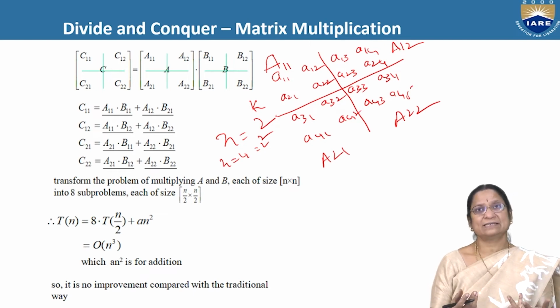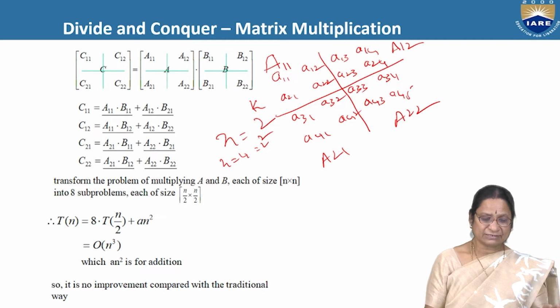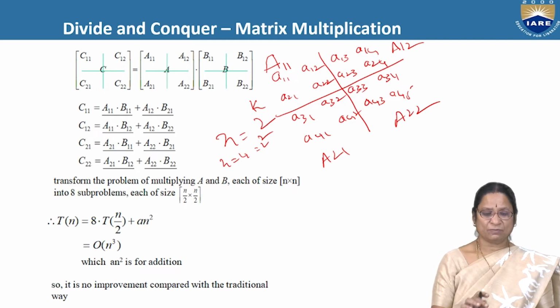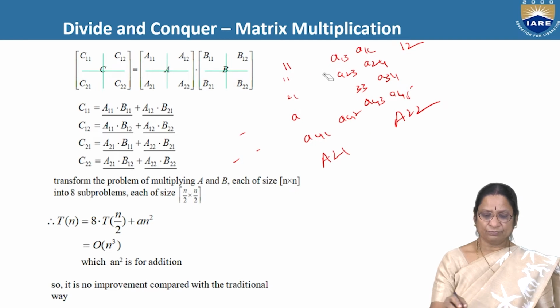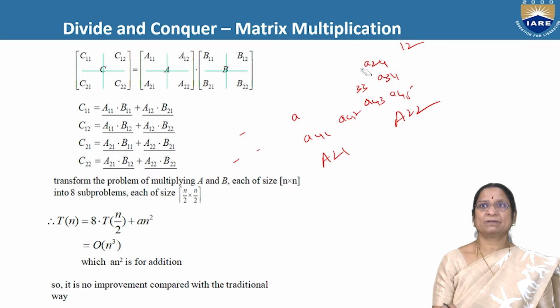If you consider it as a single element, then our C11, C12 are going to be in this form. That means our C11 is equal to A11 multiplied by B11, plus A12 B21, and so on and so forth. Normal 2 by 2 matrix multiplication can be considered.